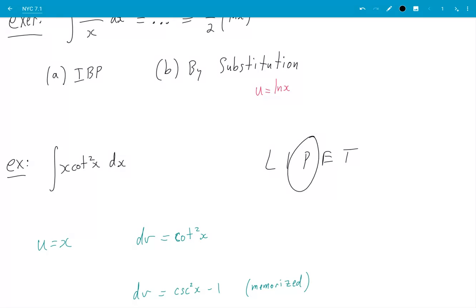And I have memorized the connection between cotangent squared and cosecant squared. So you can see that a lot of this depends on your toolkit. Is your toolkit filled with things you've memorized, or is your toolkit empty? So through memorization, you want to make sure you have all your tools on hand. Okay, moving on.